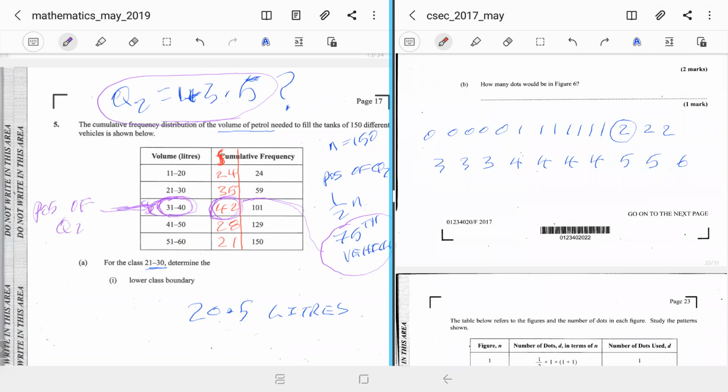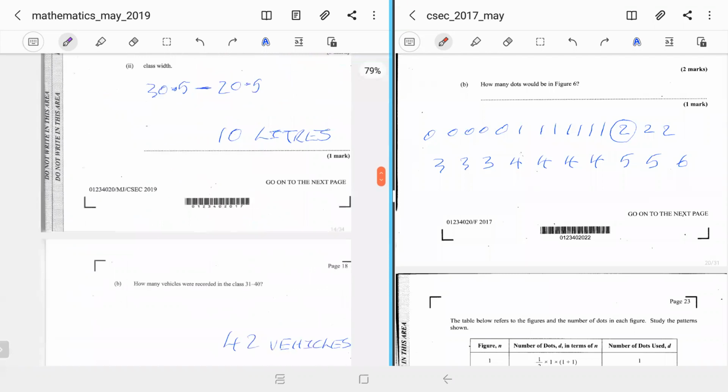Q2 must be one of these values somewhere in that range. This does not fall in that range. You see it? That is outside that range. This amount is more in this group, but the median is inside there. So you see that? The median is not in there. The median is somewhere inside here.